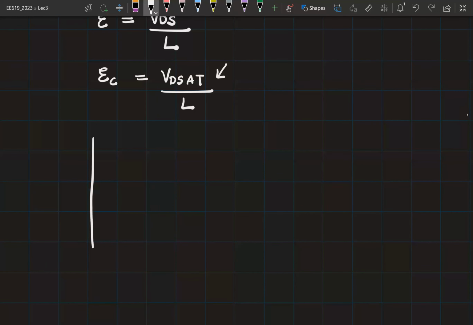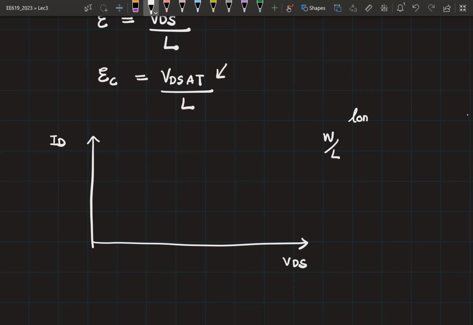So now let me plot the current, ID versus VDS. I'm going to do this for two cases. In the first case, I'm going to take a long channel transistor. If the transistor is long channel, what comment can you make about its VD sat?